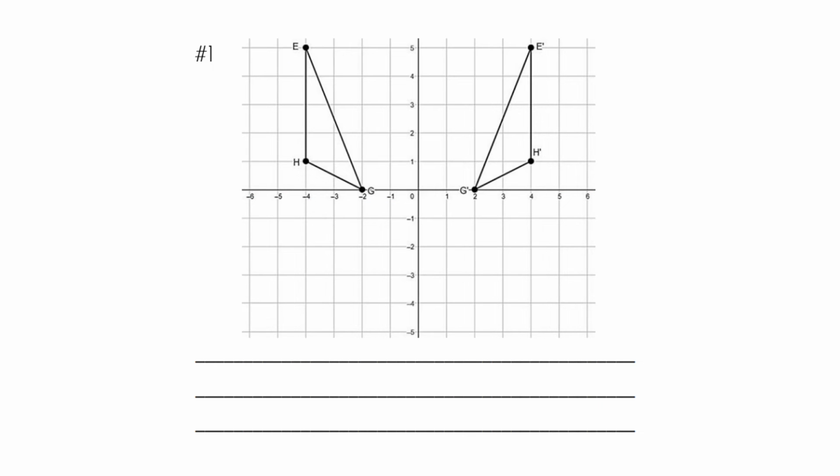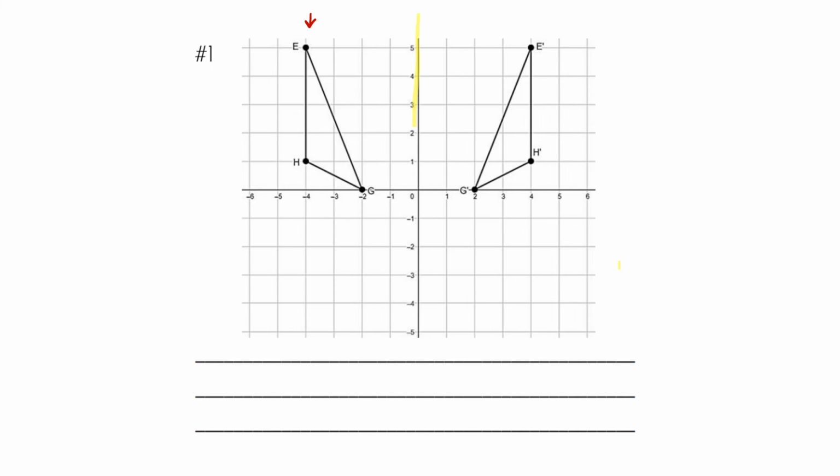Flipping paper over on the back, we are now going to identify the lines of reflection. So here we have the original shape, E, G, and H, and we have the second shape, E prime, H prime, and G prime. In order to take point E and plot it to the new E prime, we want to identify the line that is in the middle, because again, the line in the middle is the line of reflection.